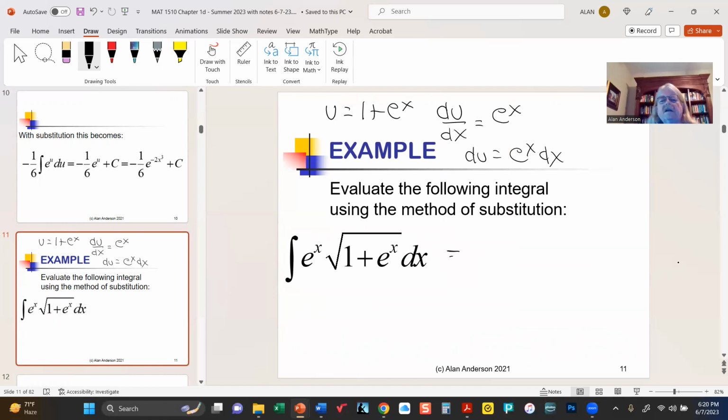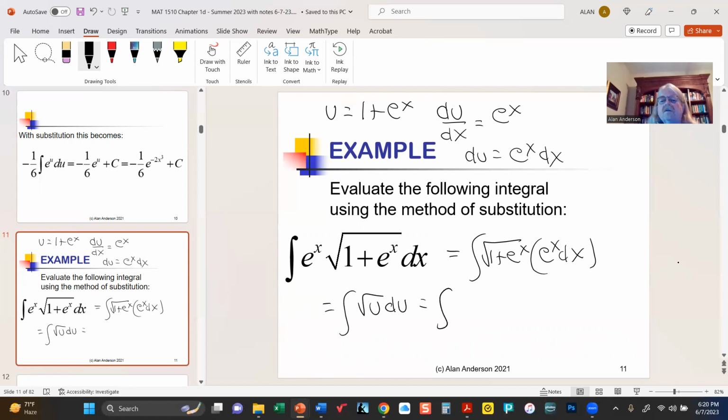So first we'll rewrite it in a more convenient format. So what we actually have here then is radical u du, or u to the 1/2 du.